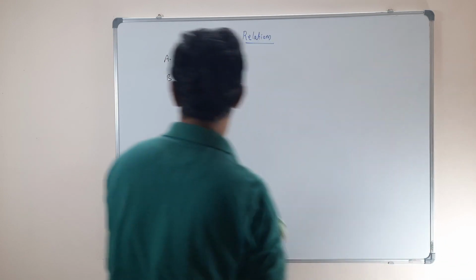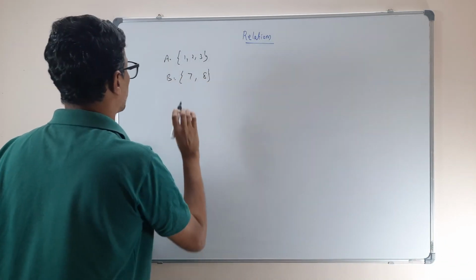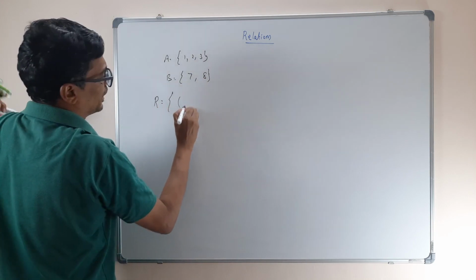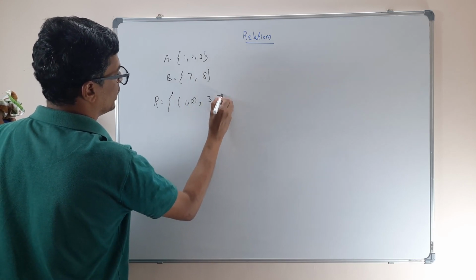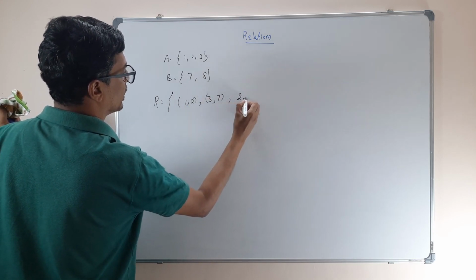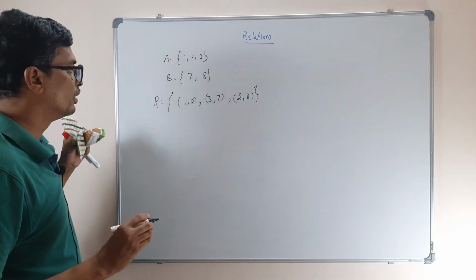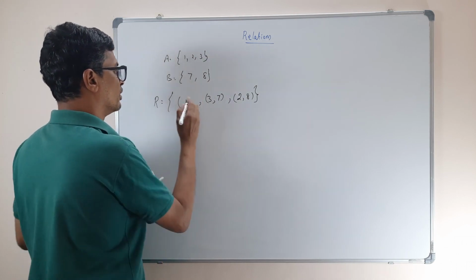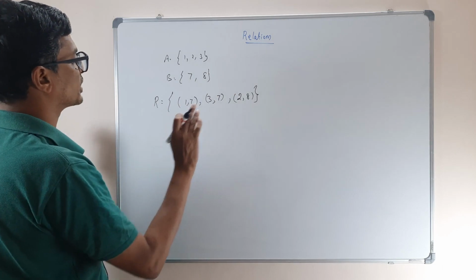So I create a relation R, which is nothing but some ordered pairs: (1, 7), (3, 7) and (2, 8).